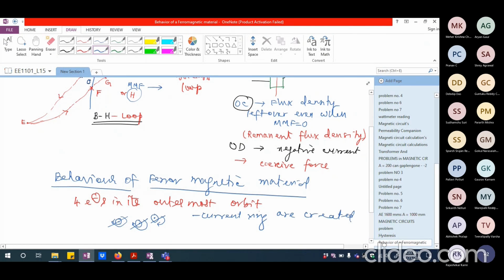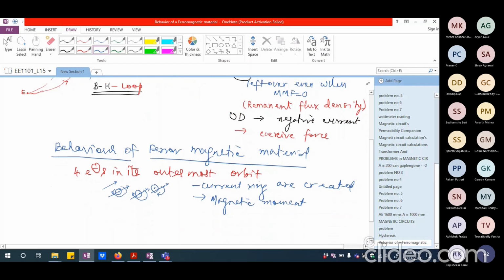They are going to create magnetism, because whenever you have a current ring, you have magnetism which is perpendicular to that particular spinning direction. So all these four electrons create magnetism in a particular direction. So any iron atom is going to inherently have a magnetic moment created in a particular direction.